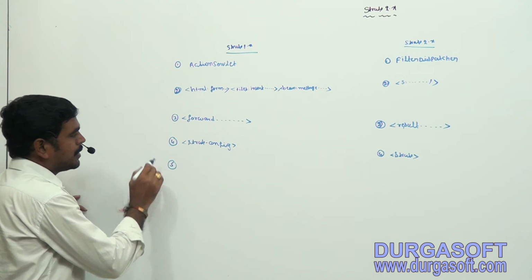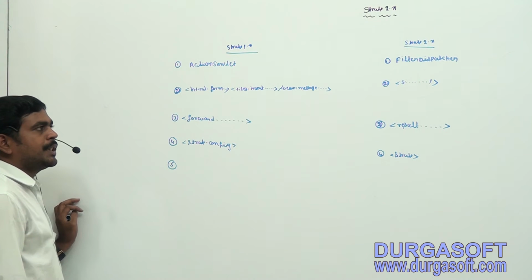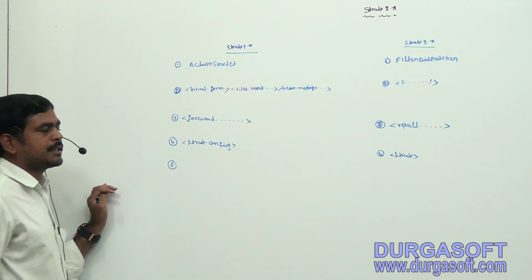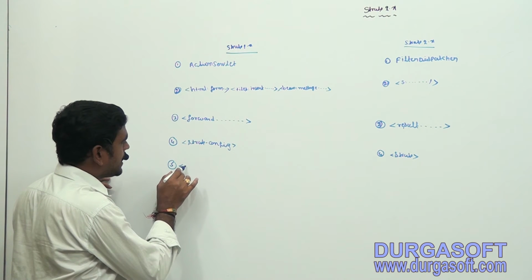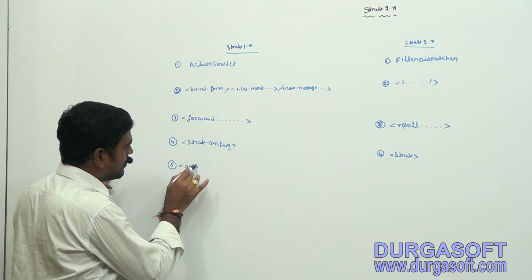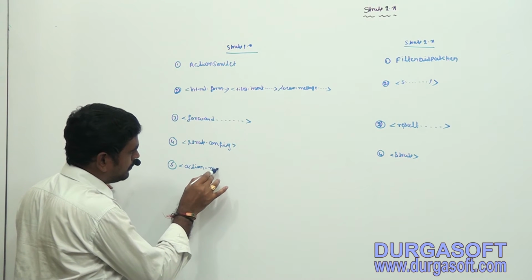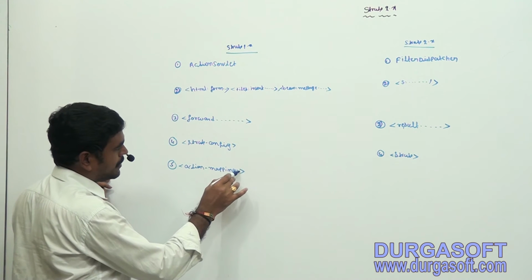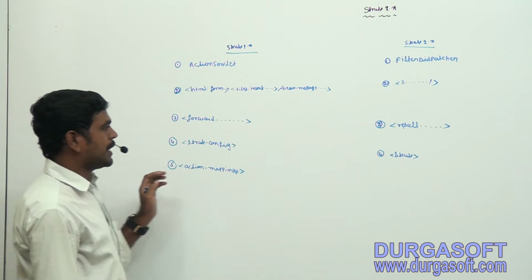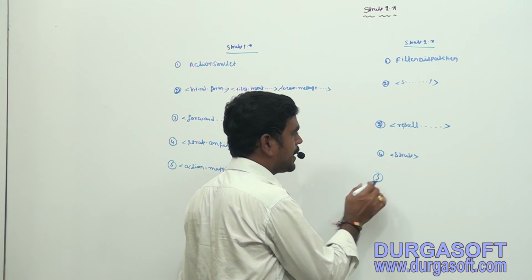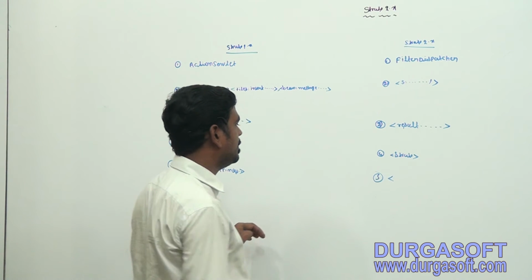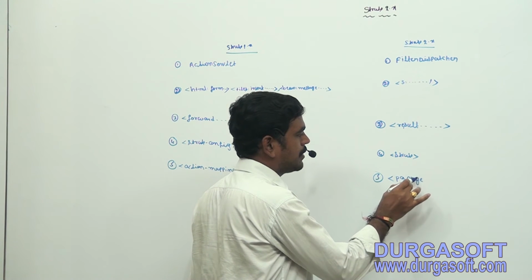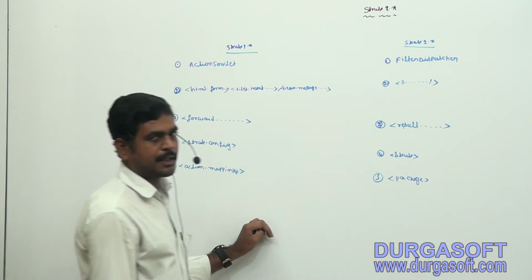Then, to configure any action classes, first we have to take action mappings, whereas in Struts 2.x we take package. These are all new elements in Struts 2.x.